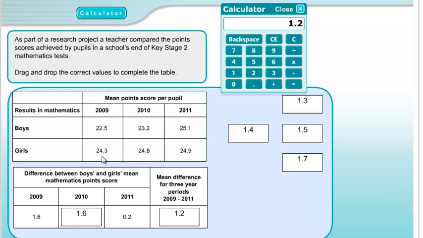Can you see? 24.3 minus 22.5 is a plus 1.8. We copied that in 2010, but in 2011 it should be a negative. So really it should be 1.8 plus 1.6 minus 0.2 and then divided by 3. But that wouldn't give you one of the answers that they gave you. So hopefully a mistake like that won't come up in the real thing, but you never know.